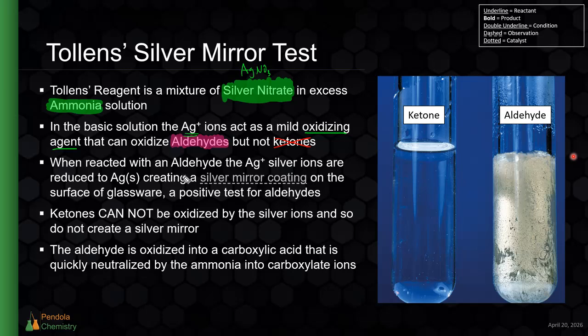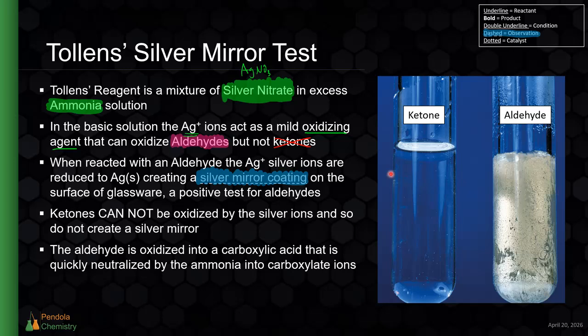Because of this, when reacted with Tollens reagent, aldehydes will undergo a reaction where the silver ions get reduced into silver solid, creating the visual of a silver mirror. So our positive test for the Tollens Silver Mirror Test is, as you would expect, a silver mirror or a silver coating. That's our positive observation.